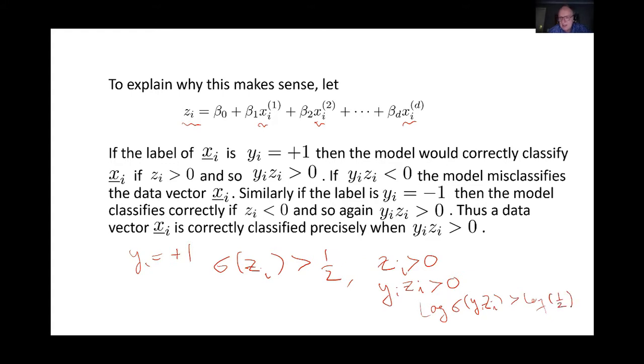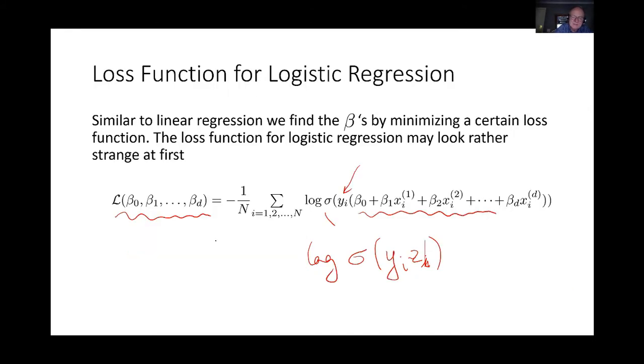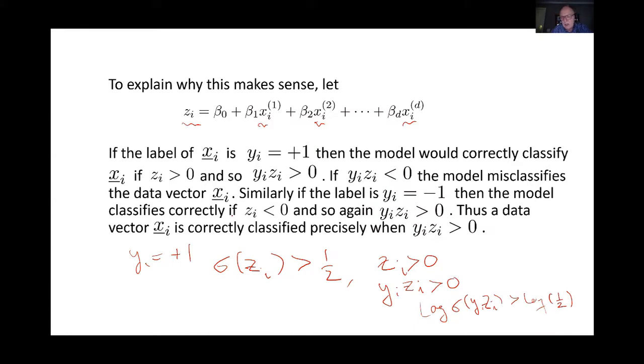But since we're taking minus in our loss function, it's minus the average of all these logarithms. So that would mean that the contribution to the loss function from this log sigma of yi zi would be less than minus log of a half.